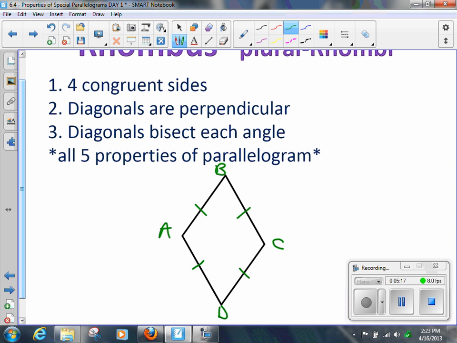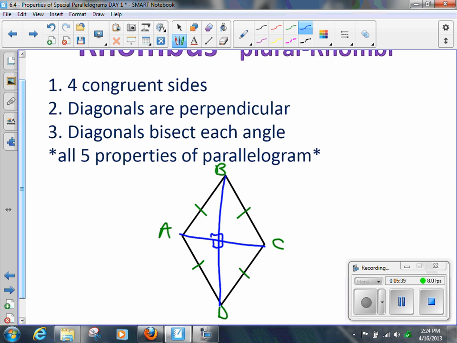How do I show the second condition? How do I show it? Diagonals are perpendicular. What's that mean? What do the diagonals form? Thank you. They form right angles.